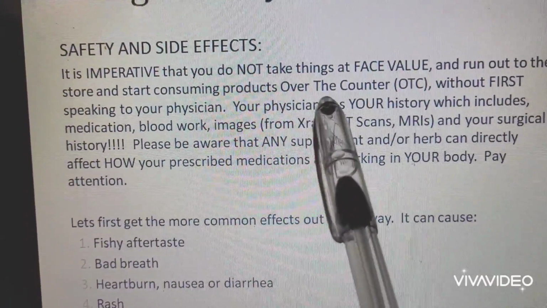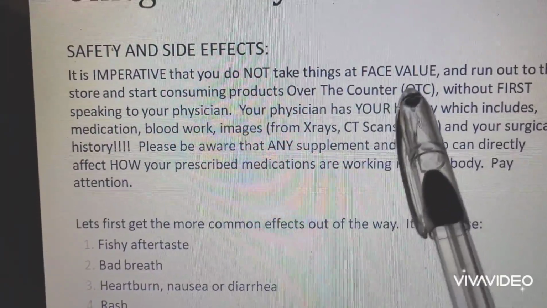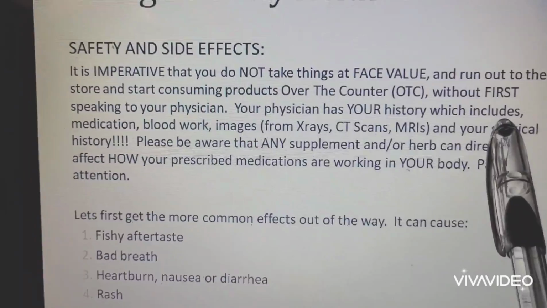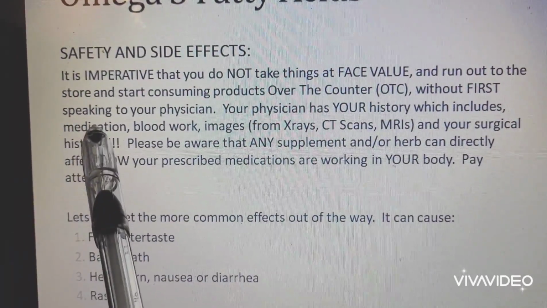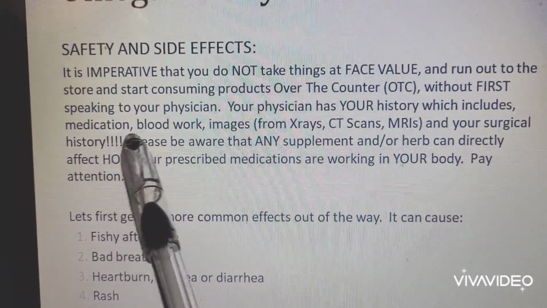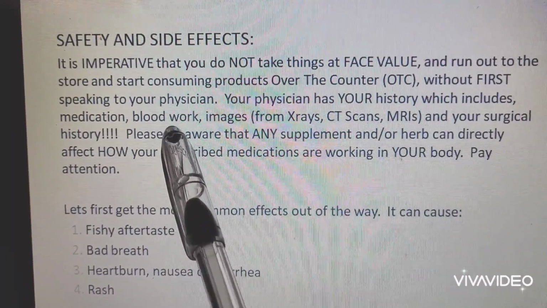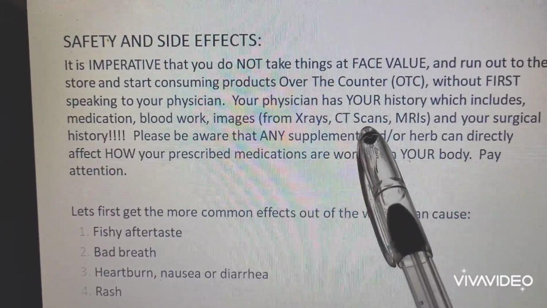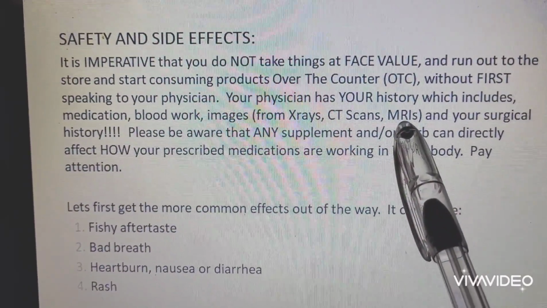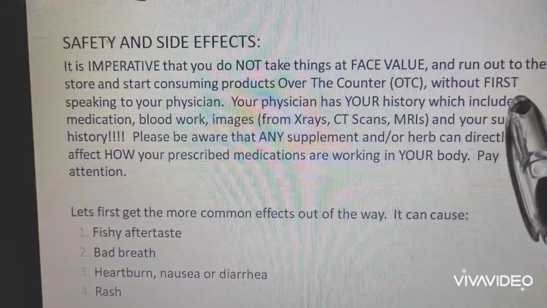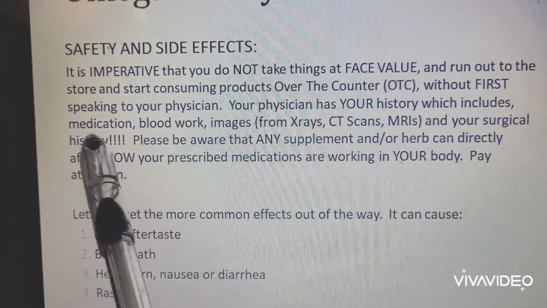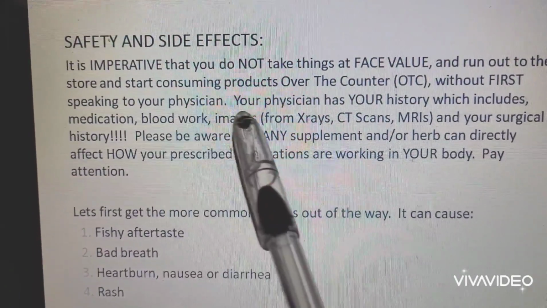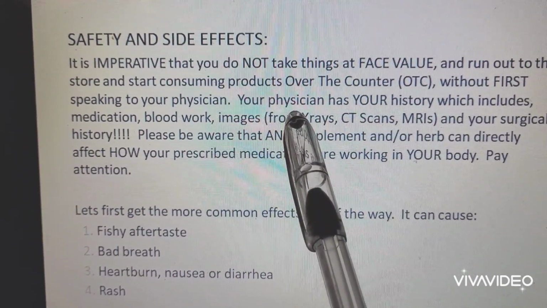Your physician has your history, which includes, in case you want to know just how important this is, your medication, your blood work, any images, and they can be from x-rays, CT scans, MRIs, and your surgical history. And I put exclamation points behind that because people tend to forget this.